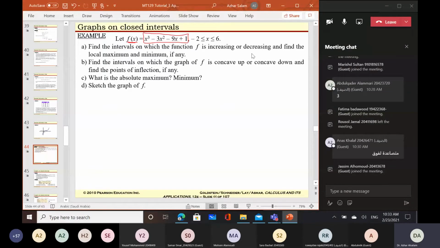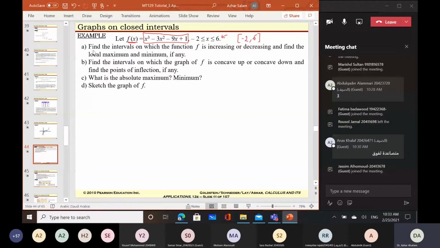But this example is easier than the previous one. Also, I have an interval defined only on this interval. It's not from minus infinity to infinity. I have here an indicated interval from -2 until 6 with equality, so it's a closed interval from -2 until 6.